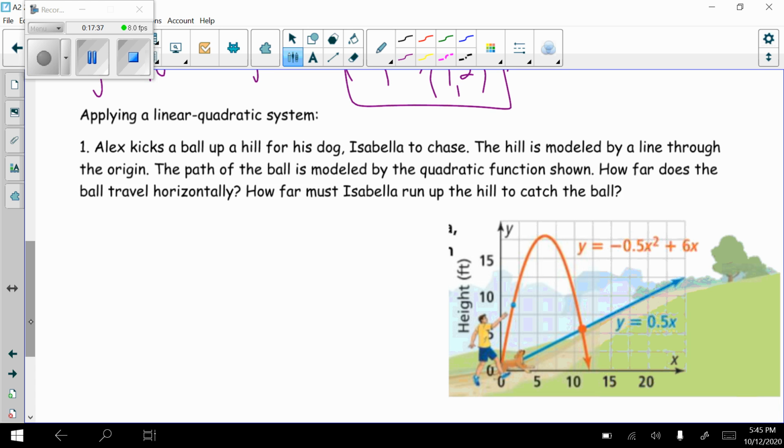Okay. So I see that this line right here, I want to know how far we're going to have to go up that hill. Okay. She's going to have to run up the hill to catch the ball. I start at 0. Right? I'm looking for basically this distance right here, from here to here.